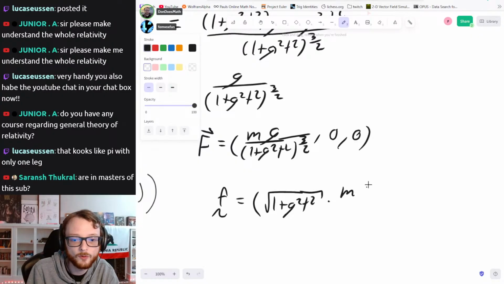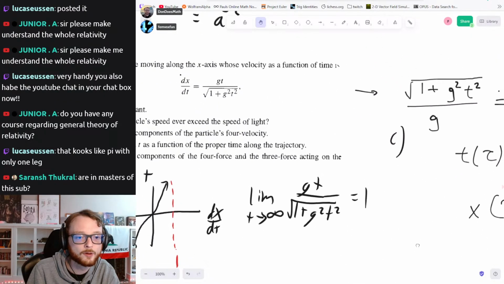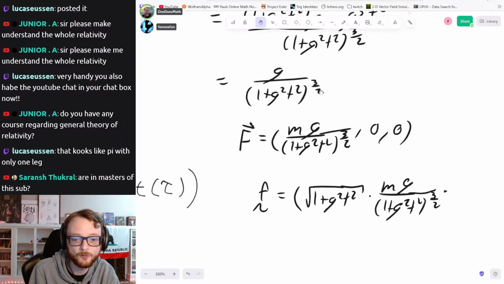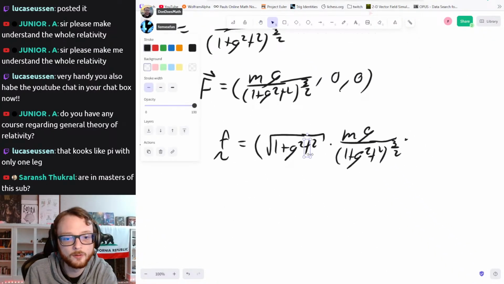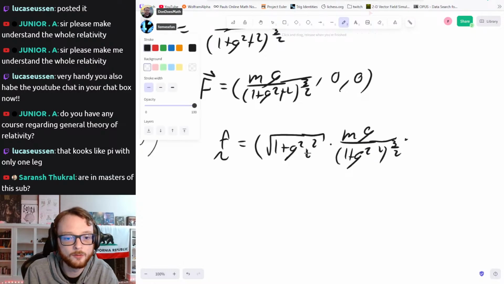So times mg over this 1 plus g squared t squared to the 3 over 2, times... maybe I should be using tau in 4 vector land.